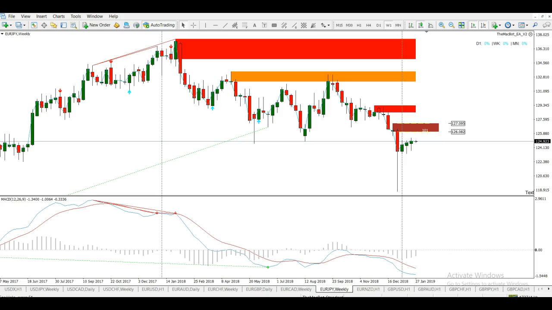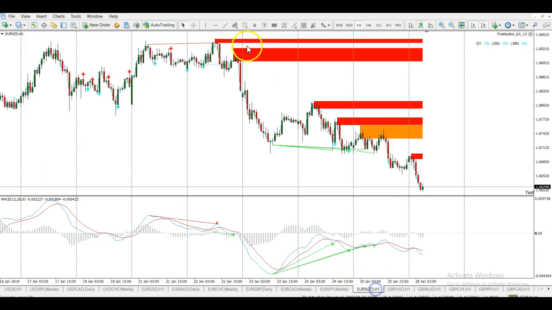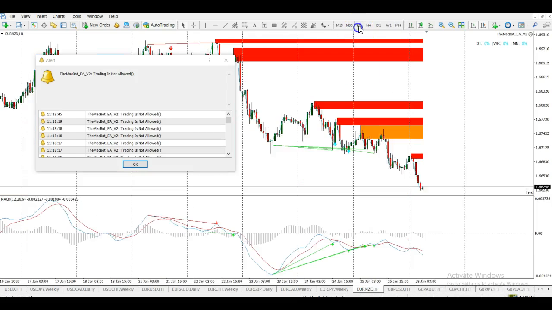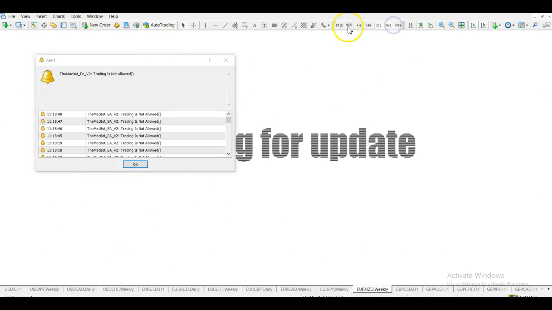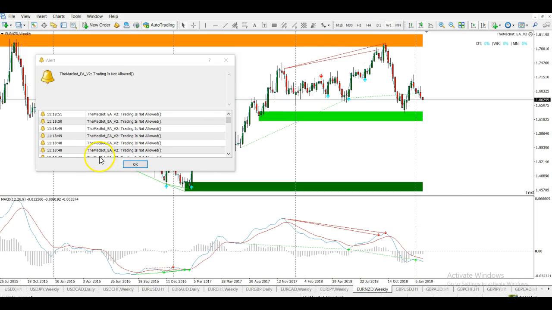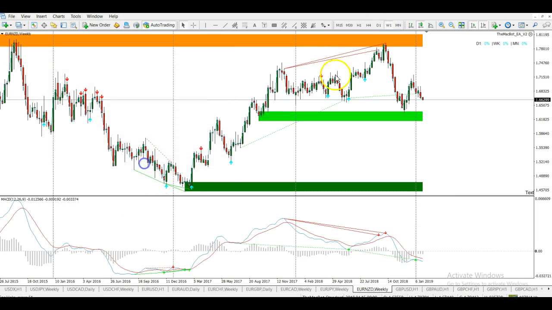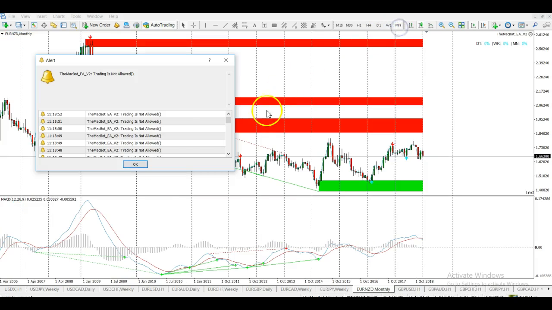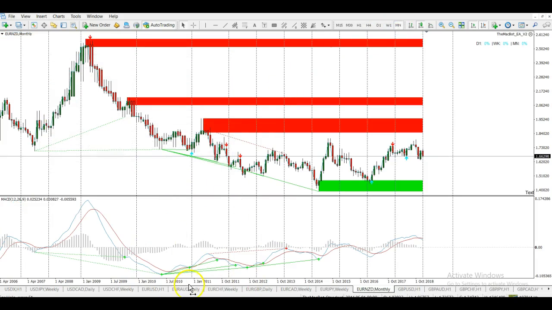Okay, Euro Kiwi. Got the monthly. Okay, nothing at, or not at it. No monthly, no weekly, so no trade on the swing trade profile.